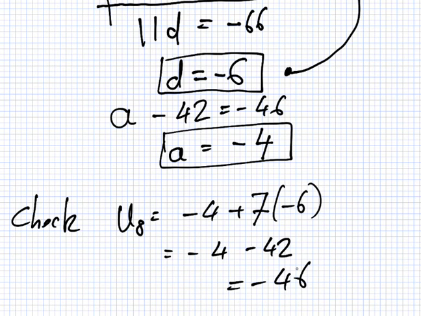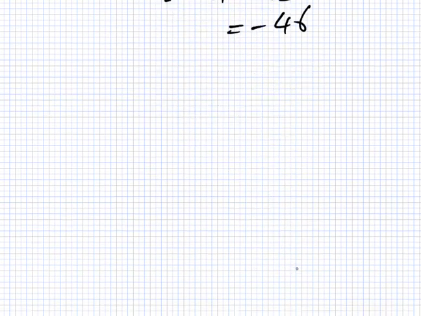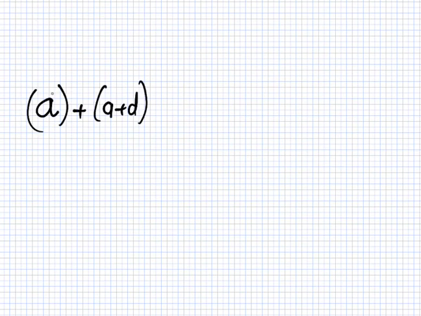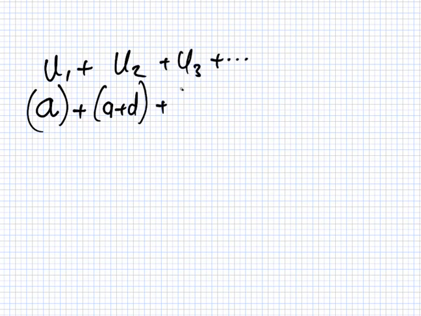Okay, so we're going to do another formula now. Can I scroll down? Yep. So now we want to look at series, arithmetic series. So we want to do A plus D. Well, actually, to be even clearer, we want to do U1 plus U2 plus U3, etc. A plus 2D, all the way up to UN.